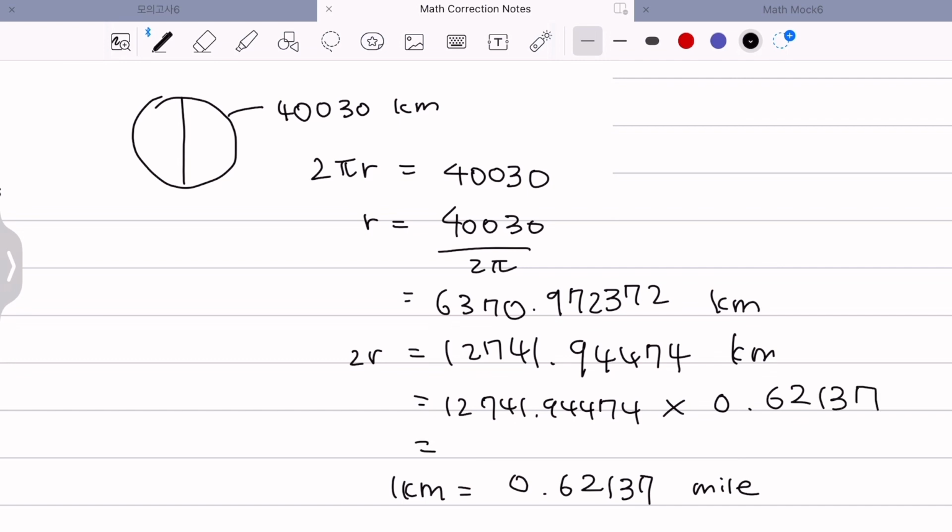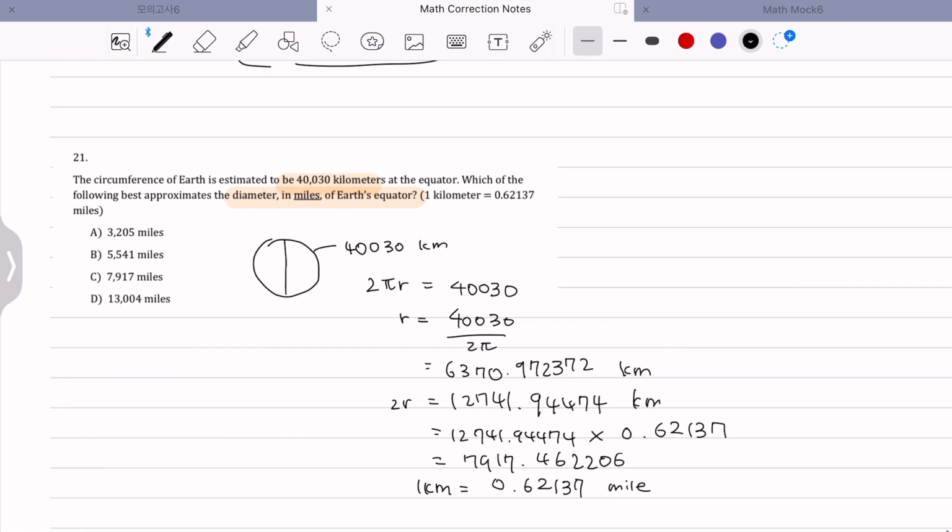So let's put this value in the calculator again. So it would be 7,917.4622206. So the answer would be C.